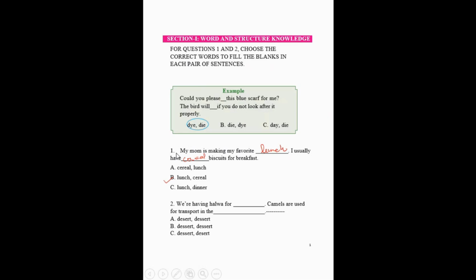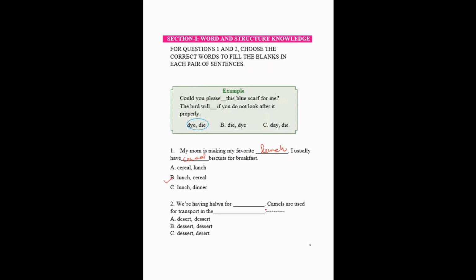Question number 2. We have halwa for dash. Camels are used for transport in the dash. So there are two things: dessert and desert. One, dessert means the sweet that we eat, mostly after the meal.